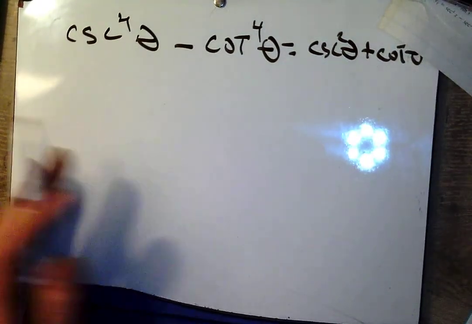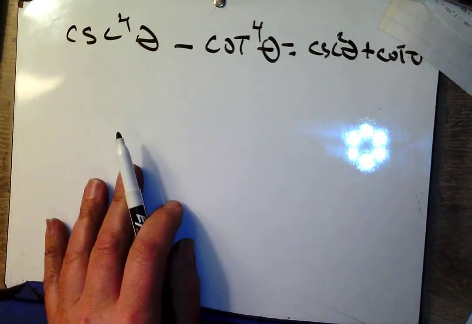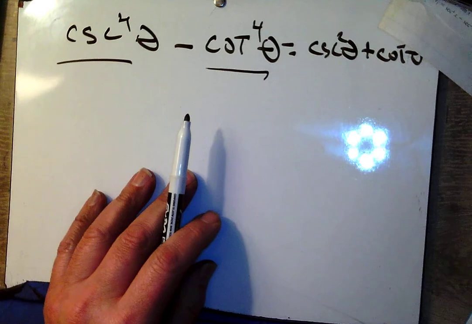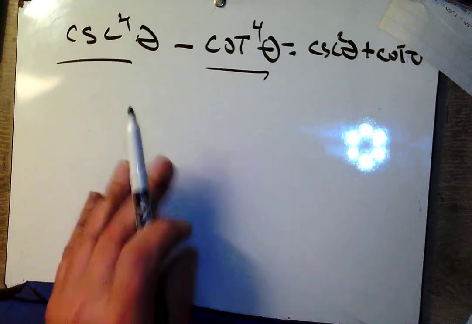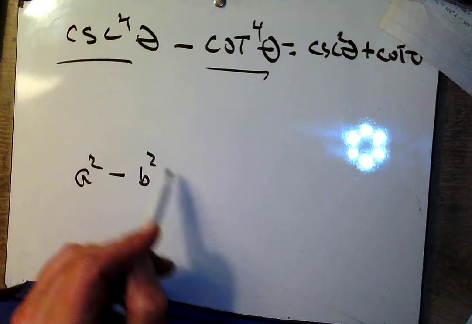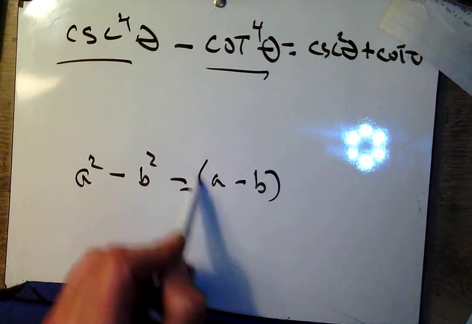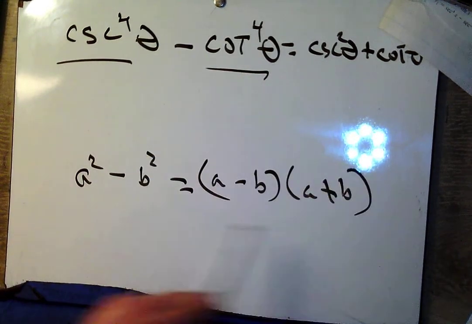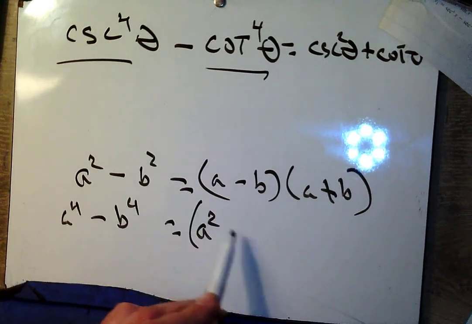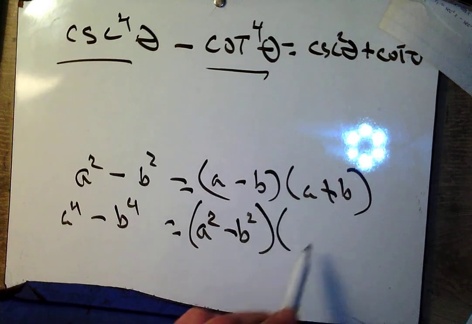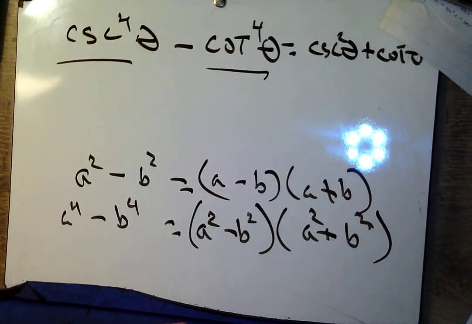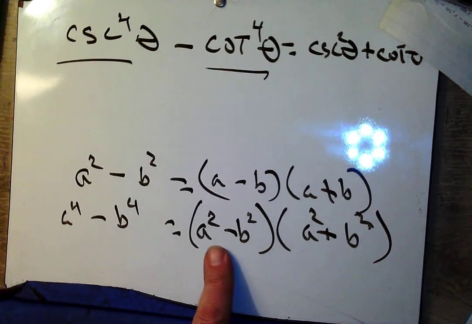All right, so why did we do pre-cal first? Because I want you to see the difference of squares. That's a difference of squares, right? You know, a squared minus b squared is going to factor a minus b times a plus b. Well, a to the 4th minus b to the 4th is going to be a squared minus b squared times a squared plus b squared. Look at another difference of squares.